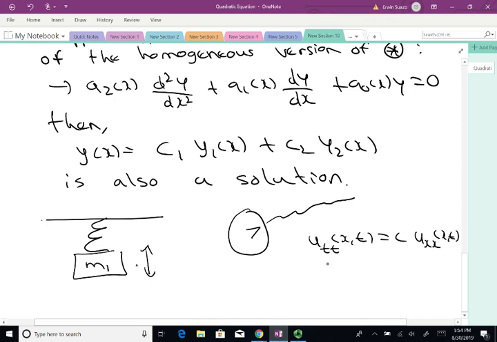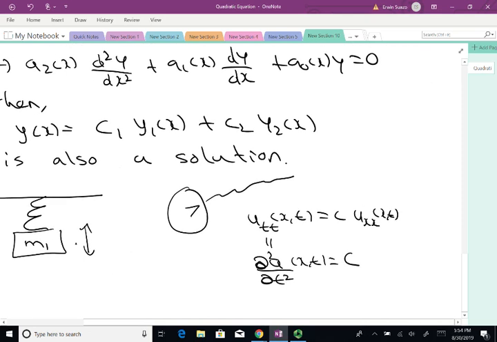In other words, we use this notation: the second derivative of u with respect to t equals a constant times the second derivative of u with respect to x. That was the part of the slides that I didn't want to talk about, but eventually I have to. In the slides you can find it. So this is the wave equation.